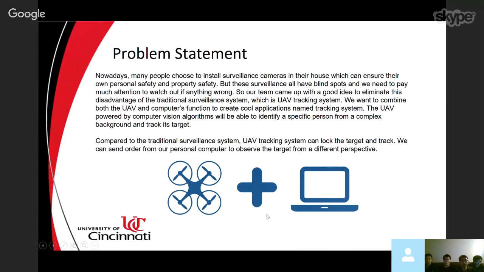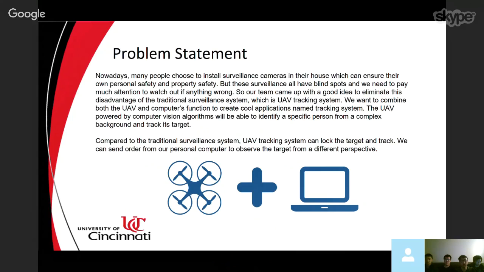Our team came up with a good idea to eliminate this disadvantage of the traditional monitoring system, which is the UAV tracking system. UAV tracking system and computer vision are now two of the most popular technologies. So we want to combine them to create a cool application named the tracking system.